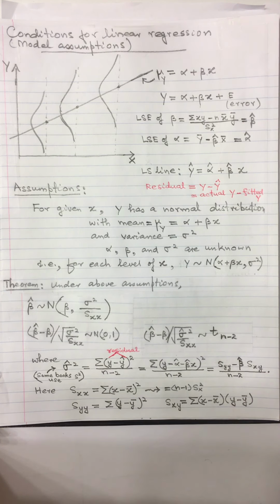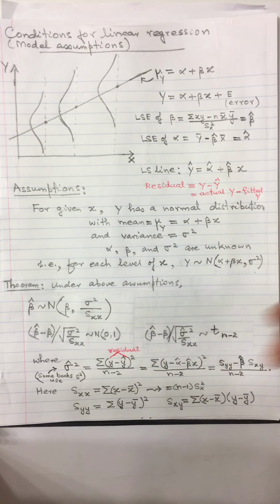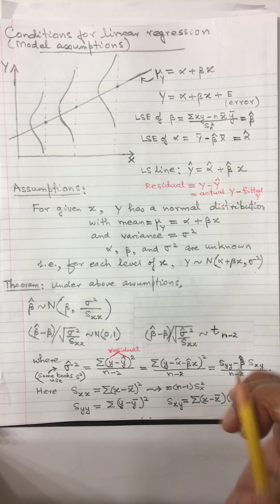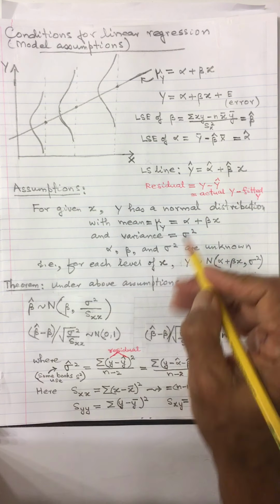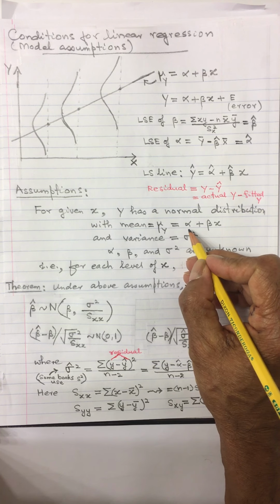That's a very standard notation. In statistics we use alpha and beta, the Greek letters, for the parameters. So I'm going to switch to that. Before, we used a and b here.